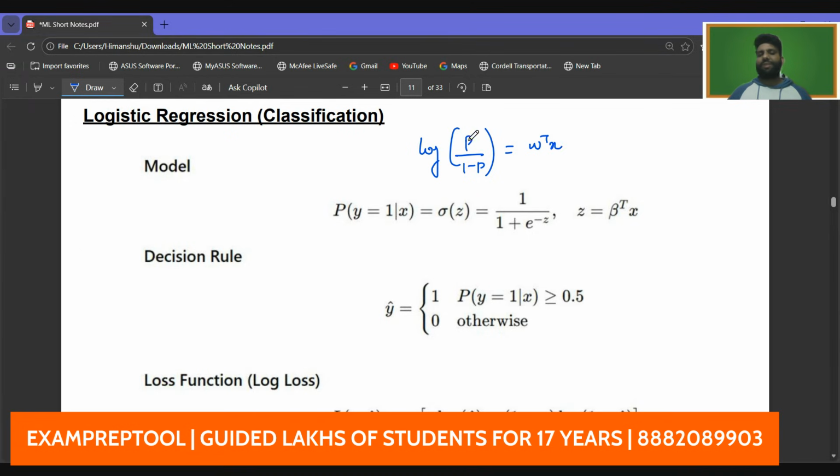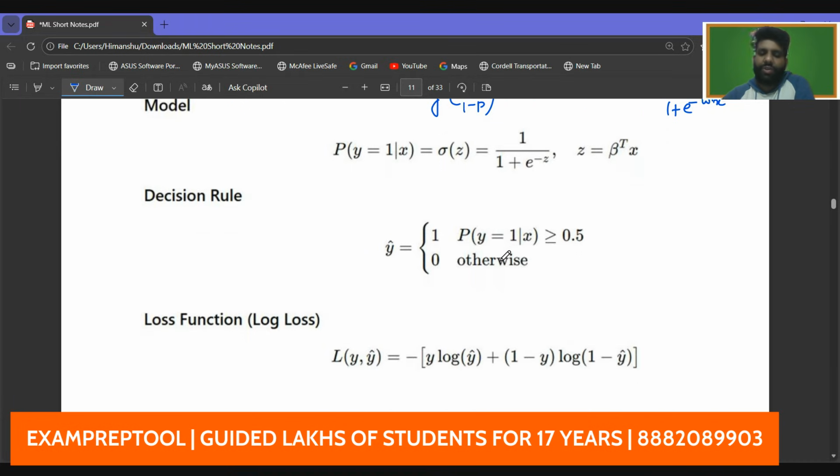Now when I'm saying p, I'm just talking about class label 1 only. So if you just solve it up, what you will be getting is nothing but this. That means p would be given as 1 on 1 plus e to the power minus w transpose x. Okay, so this is another way: the log of odds should be equal to the linear projection of your features.